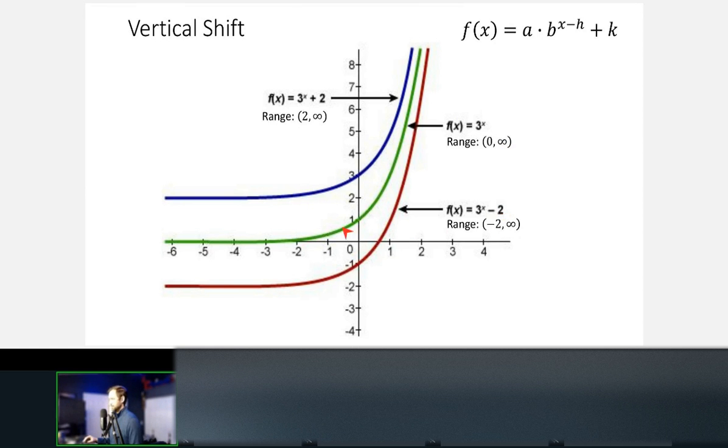So we take this parent function and we just move it down 2 units. That's why the range is from -2 to infinity. Remember, domain and range is always least to greatest. Smallest value is 0, largest value is infinity. And this shouldn't be anything new. It should all be review still.